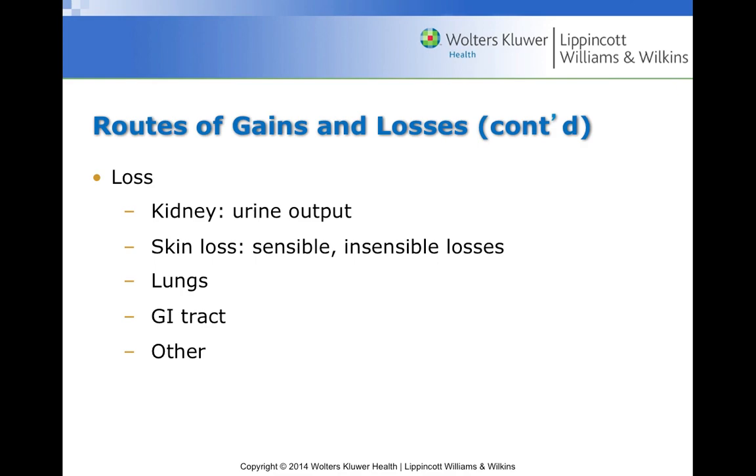When we look at the gastrointestinal tract, the usual loss through the GI tract is 100 to 200 mLs daily, even though approximately 8 liters of fluid circulates through the GI system every 24 hours. Because the bulk of fluids is normally absorbed in the small intestine, diarrhea and fistulas can cause large losses.